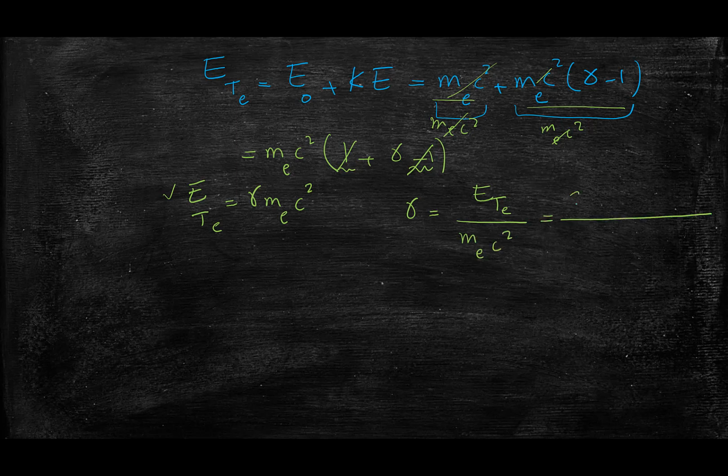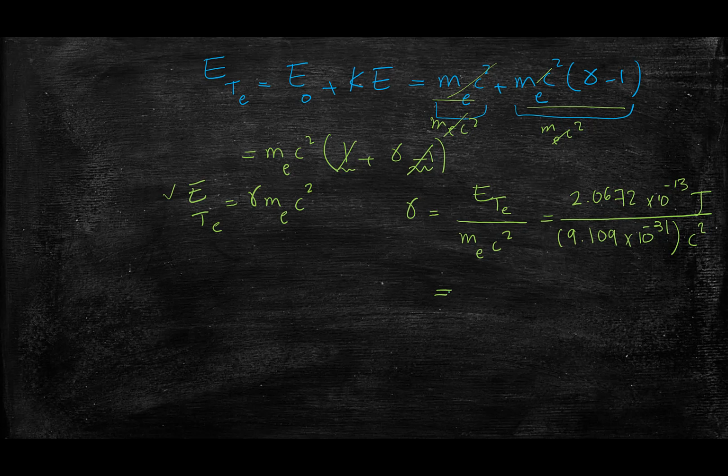I got the total energy to be 2.0672 times 10 to the negative 13 joules. We have that from the previous page. And then I will have the mass of the electron, which is 1.0109 times 10 to the negative 31, and then this times the speed of light to the power of 2.